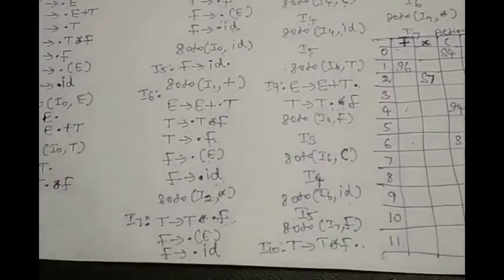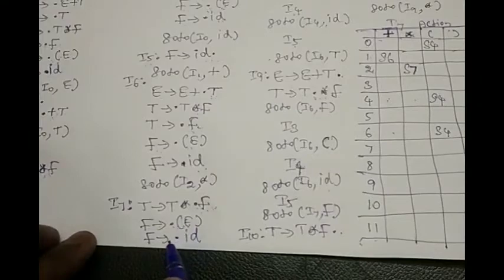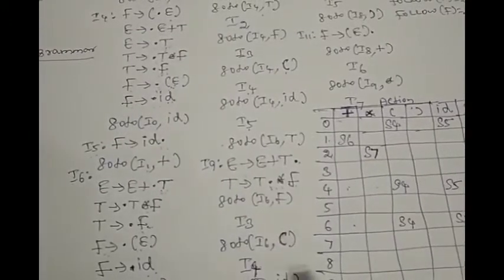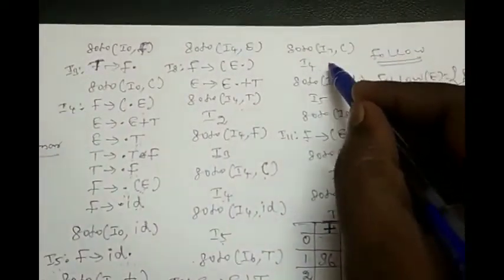Now we'll go for I7. We'll check whether I7 has any production. In I7 we have a dot before open brackets and a dot before ID, so we have to process I7. Goto of I7 comma open brackets gives I4, and I7 comma ID gives I5.